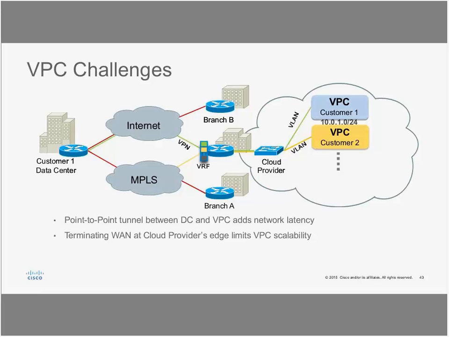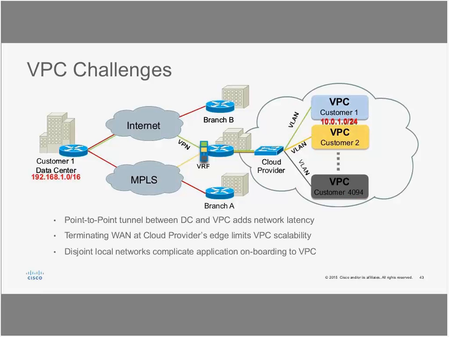Also, the current architecture is based on VLAN, so it does not scale that much. You can only have up to 4,000 virtual private circuits sitting outside of your main branch and data center deployments. So there is a disjoint. It is more complicated without a need of a router in the cloud provider.